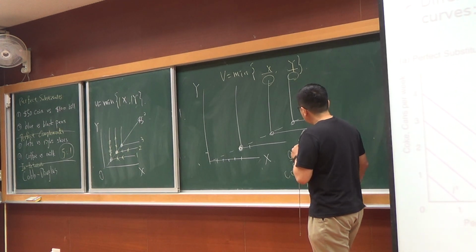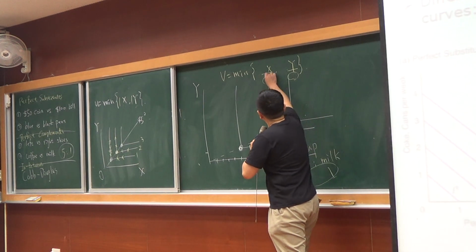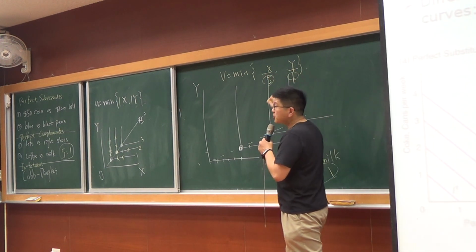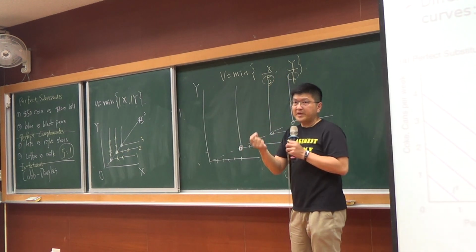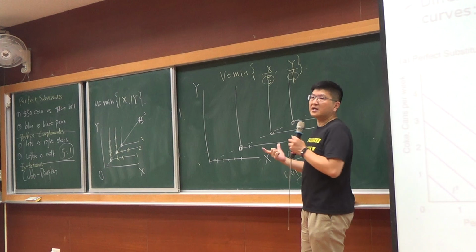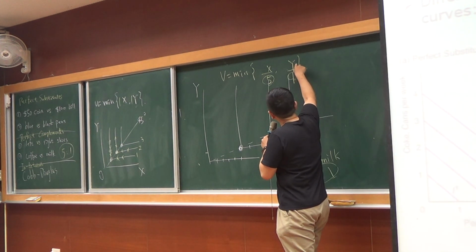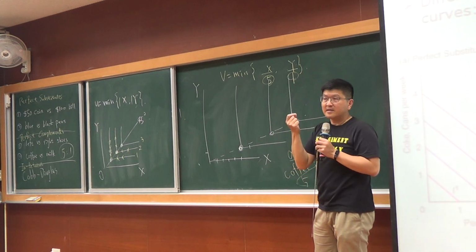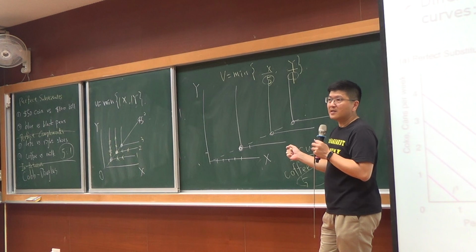Okay? In 1 cup, it's 5, 1. So 5 units of x is the basic input of a cup of the drink, and 1 milk is the necessary input of a cup. Is that clear?